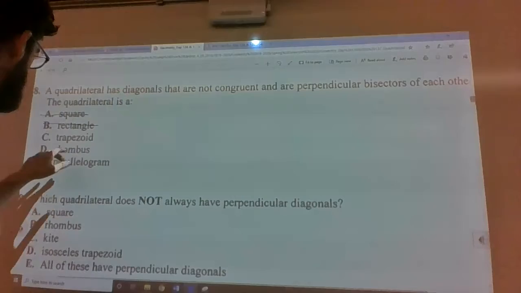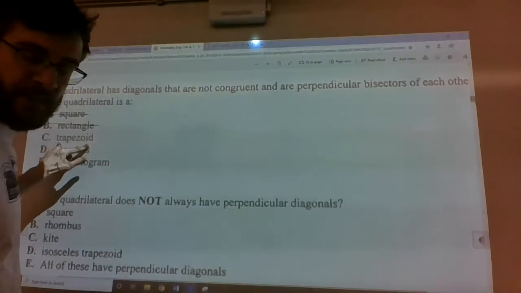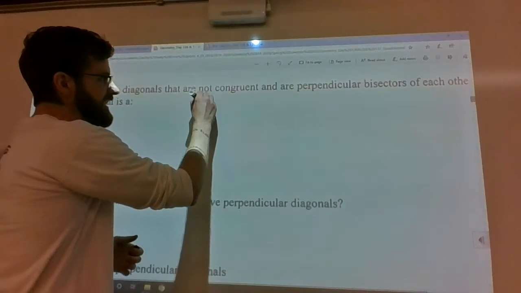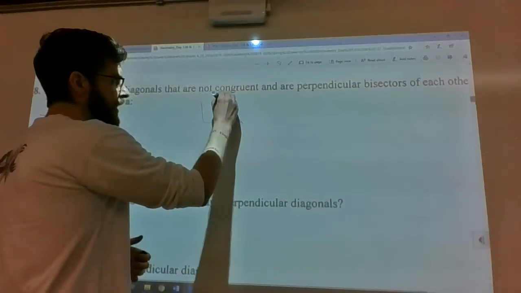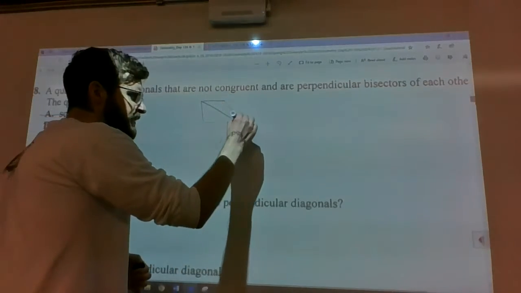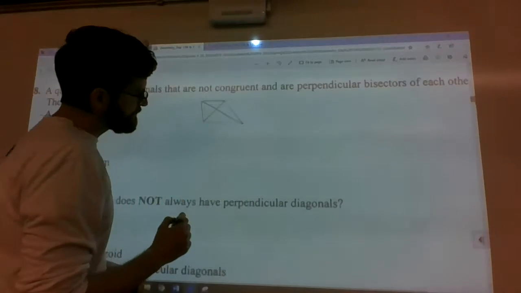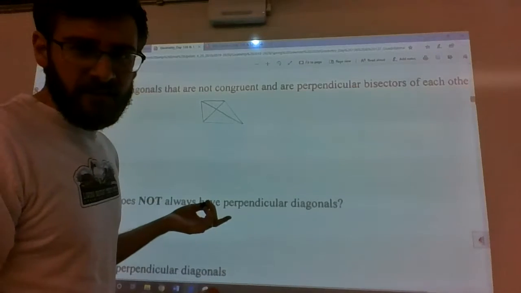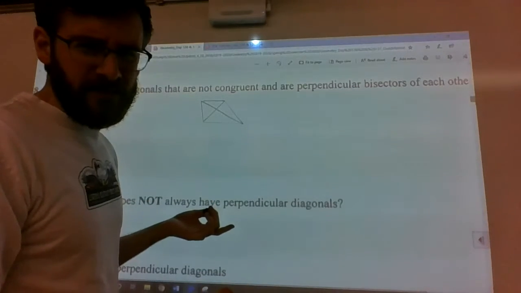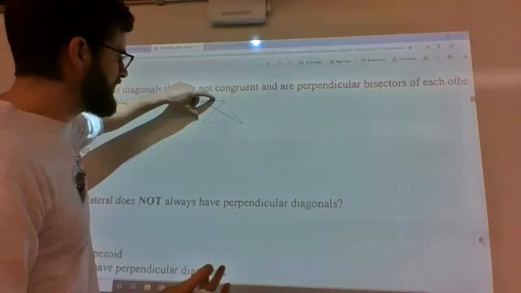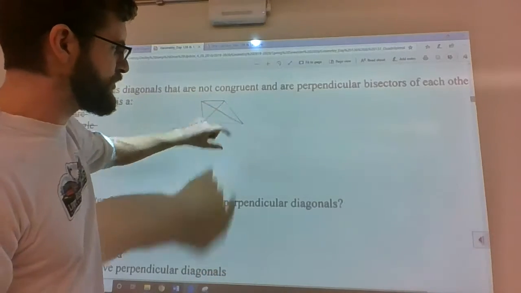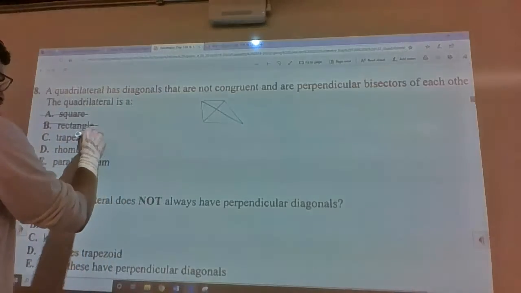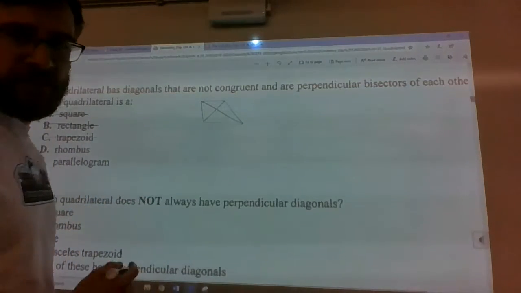So, does a trapezoid always have perpendicular bisectors? No. I could easily draw one where it might look like a 90-degree angle, but that's only if these two are the same and these two are the same. That's what a kite would be. So trapezoids do not have perpendicular bisectors.